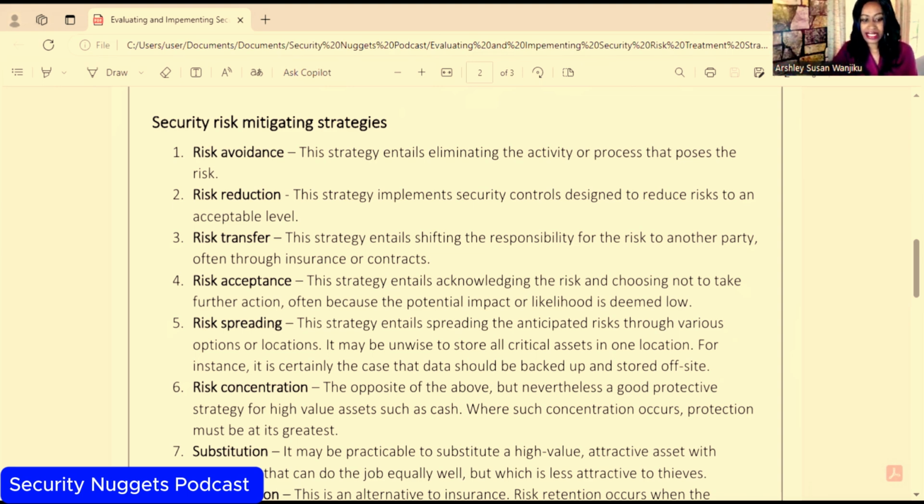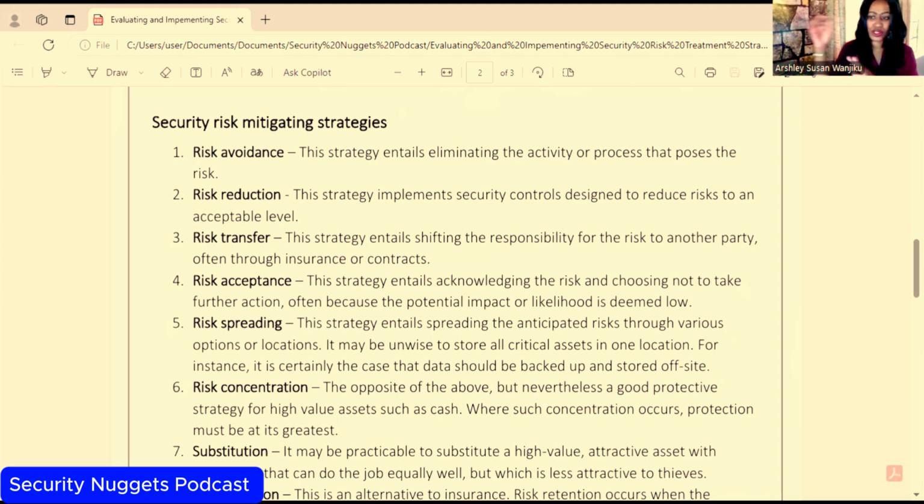Another example that I can use for this strategy of risk spreading is if you're an organization in warehousing. Instead of storing all your merchandise in one warehouse, you distribute it. So you have warehouse A that is storing this sort of merchandise, and then you have another warehouse somewhere else that is storing a different type of merchandise.